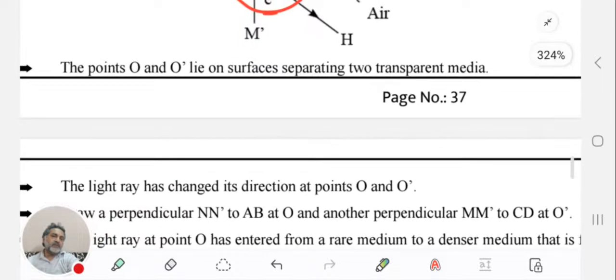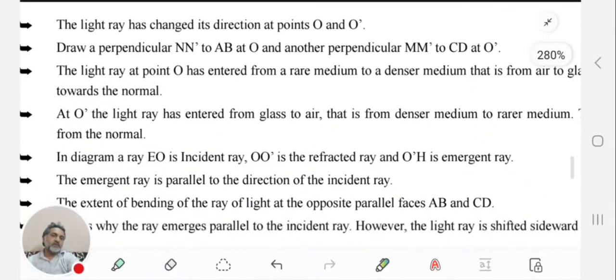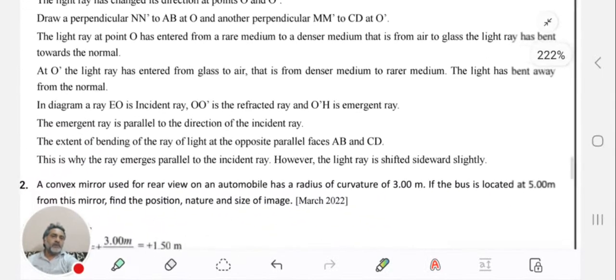Lie on surface separating two transparent medium. The light ray has changed its direction at points O and O dash. Draw a perpendicular N dash to AB at O and another perpendicular M dash to CD at O dash.